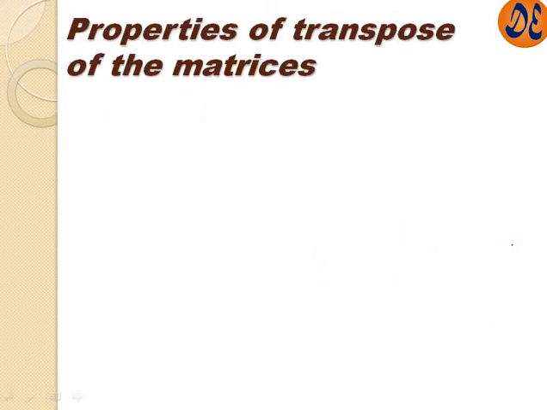Now as we have seen how to transpose a matrix, let us see some properties of transpose of matrices. That means if we transpose a matrix and again transpose that matrix, it is again the same matrix that it was originally. That means transpose of transpose of A is the same matrix A again.